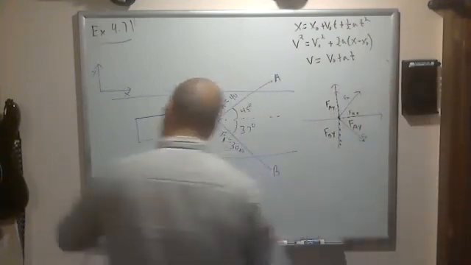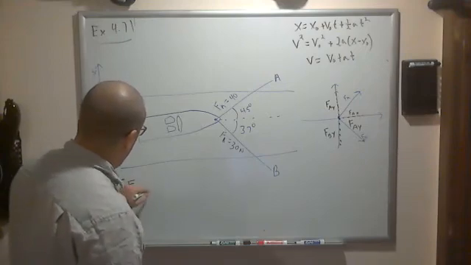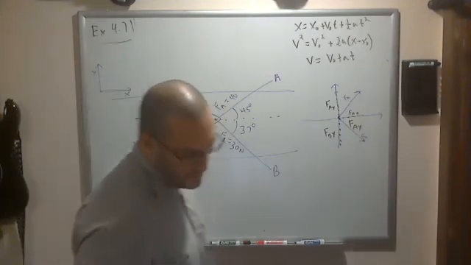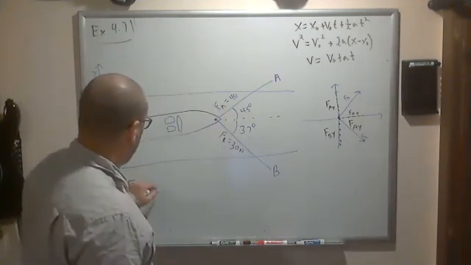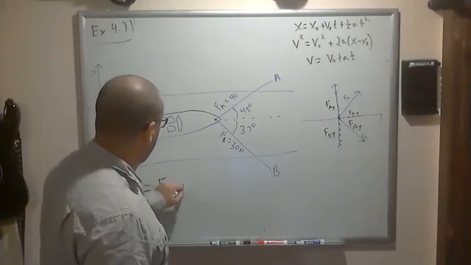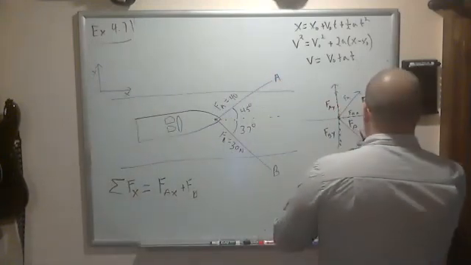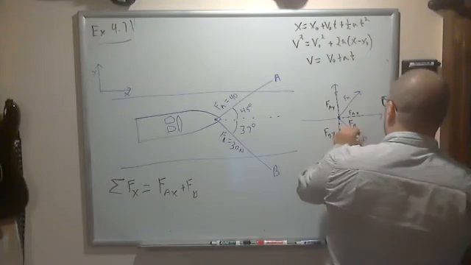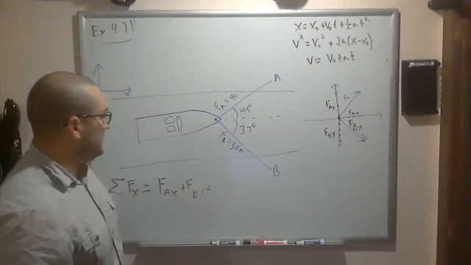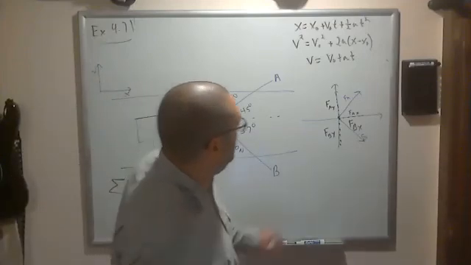Right? So let's do this for the x, the sum in the x direction, right, is equal to FAX plus FBX, right? And then we just use the cosines to do this, right?